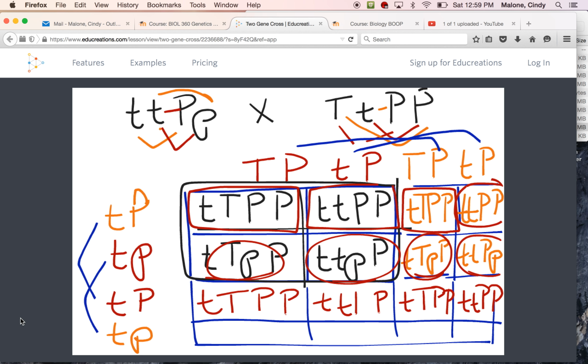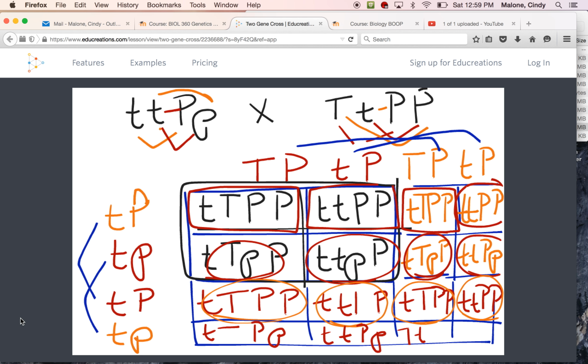Once again, you can see this one is the exact same as that, and this is the exact same as that. And if you're going to make me do this, this is little t, big T, big P, little p, little t, big P, little p.